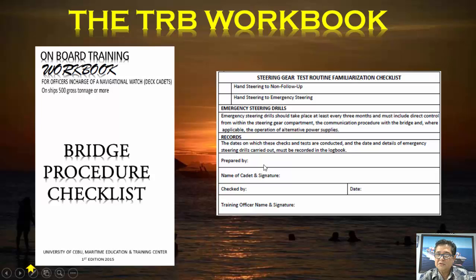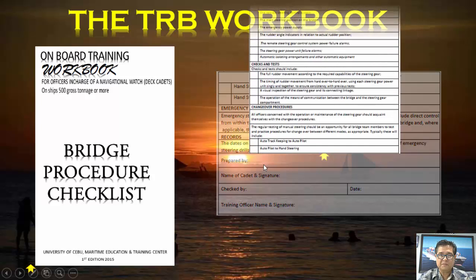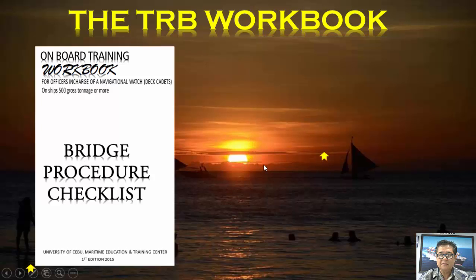So you must check, differentiate, make an output, and then after checking, let the officer or the master evaluate your output. Ask him, please, this is my assignment, and let him sign on the TRB Workbook. More. So that's the bridge procedure checklist.